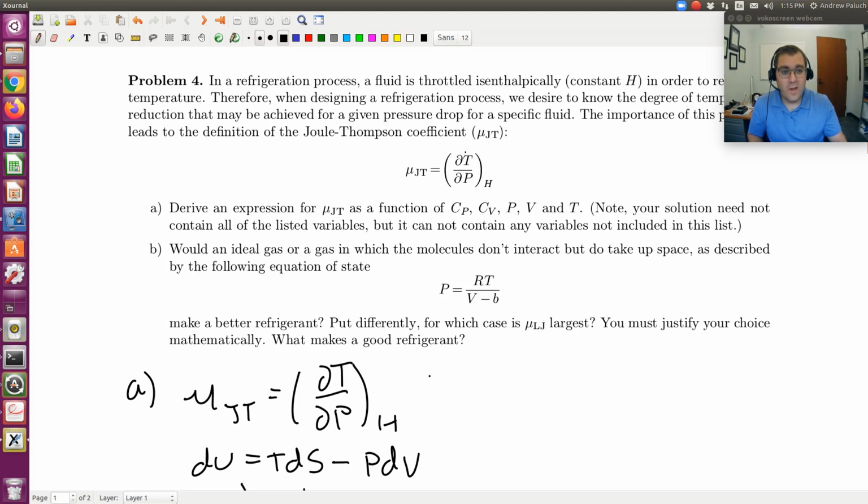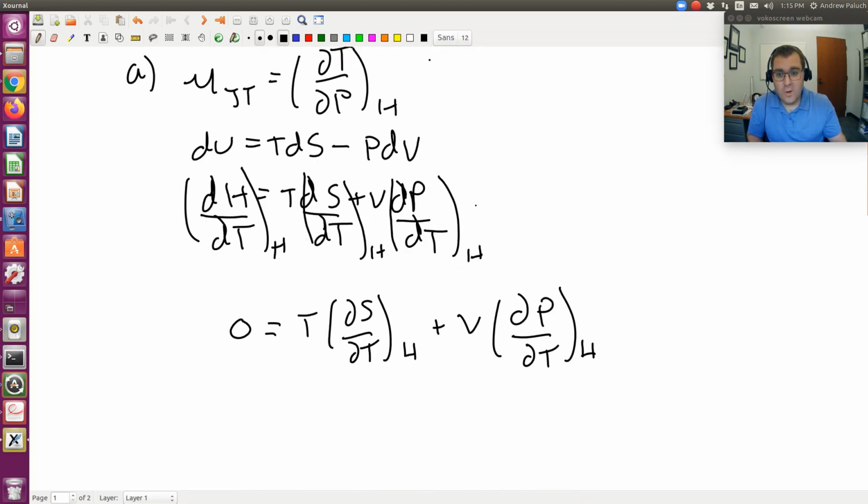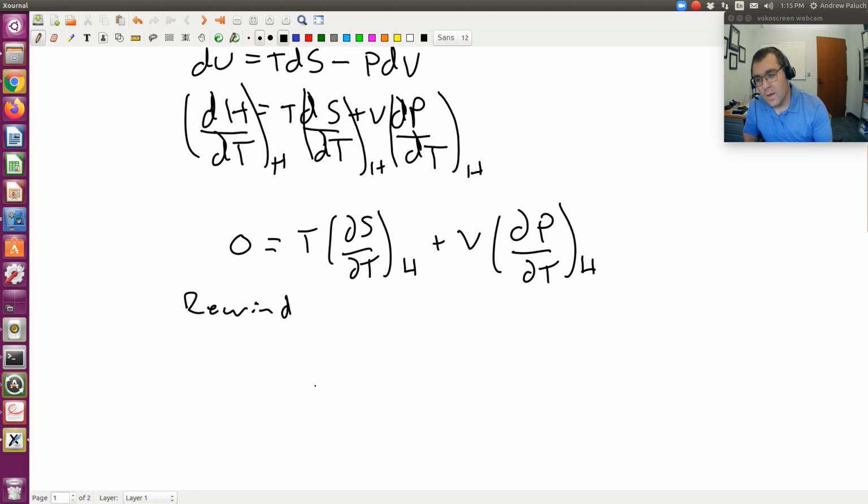If I could work out an expression for H with independent variables T and P, I could use that to work out an expression for this term. So let's rewind and regroup, and try a different approach. Let's work out an expression for the differential of H with independent variables T and P.